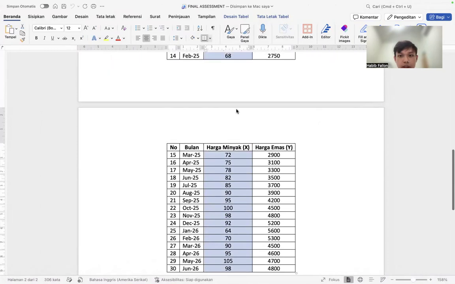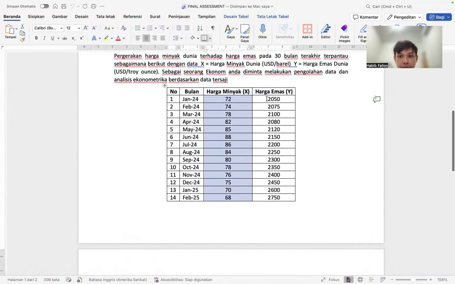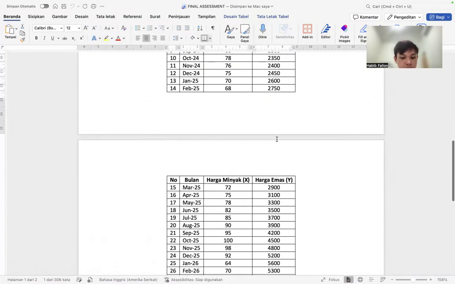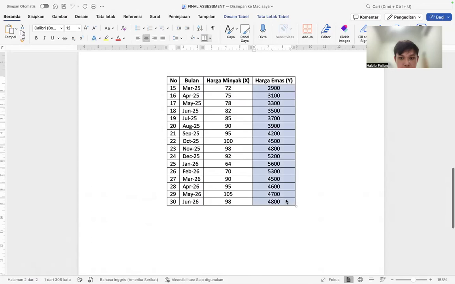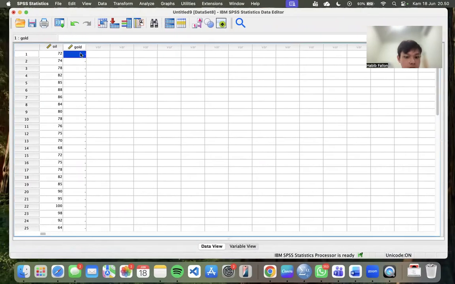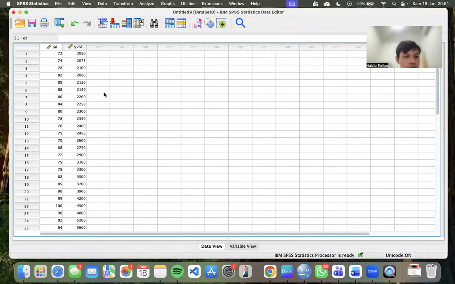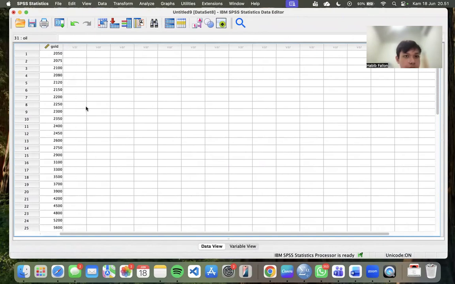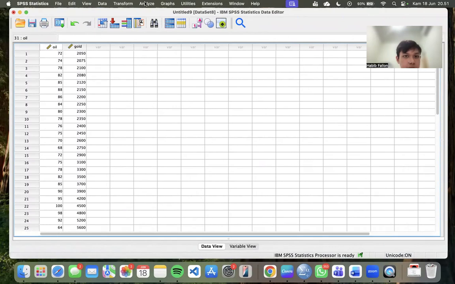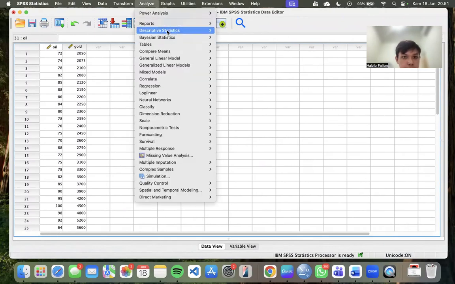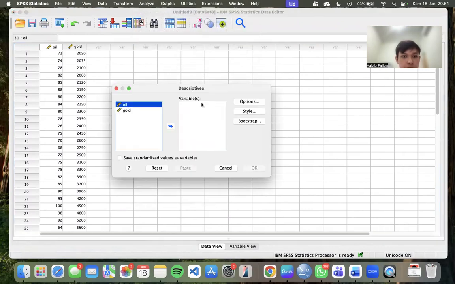And the gold data. After we put in all the data, we go to Analyze, then Descriptive Statistics, and then Descriptives.